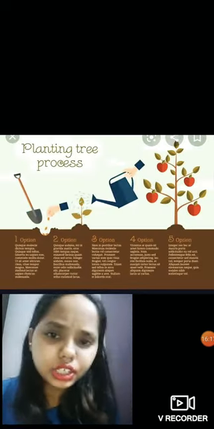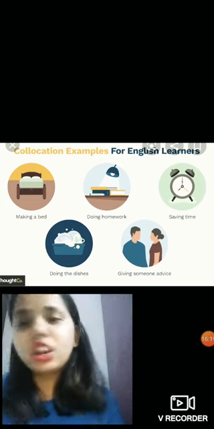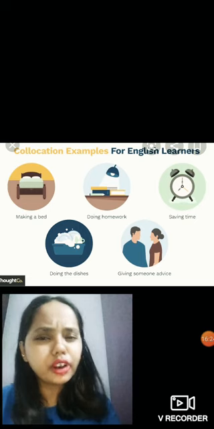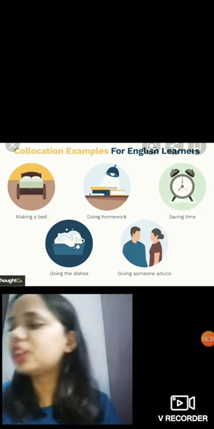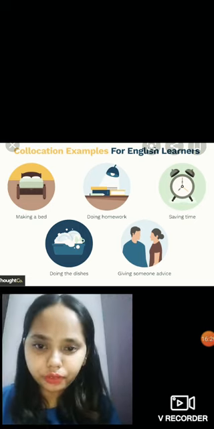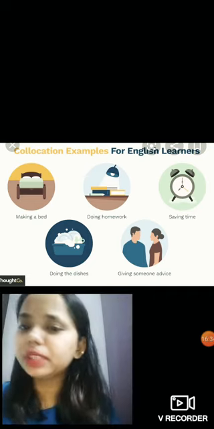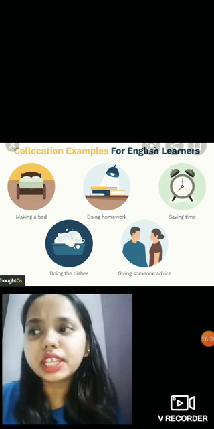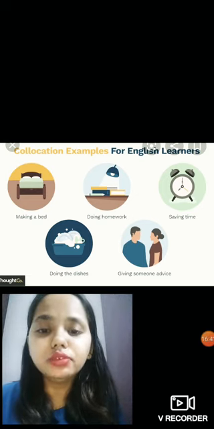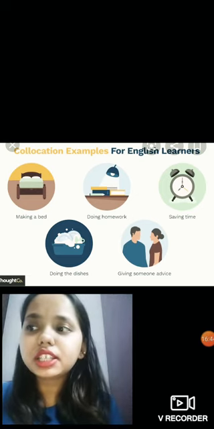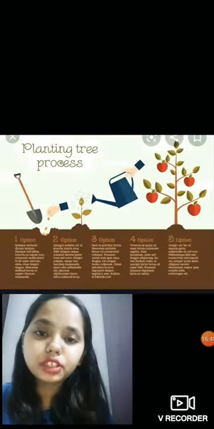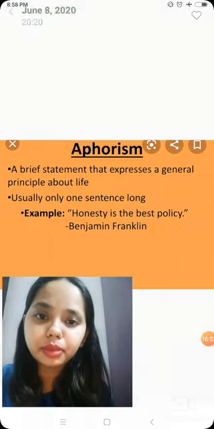So we come to collocations, students. The word is a little bit tricky, but it's not very difficult. If you go to page number 36 of your reader book, you'll find that a collocation is a word or a phrase that is often used with another word or phrase in a way that sounds correct to people, because we have been using it since time immemorial.